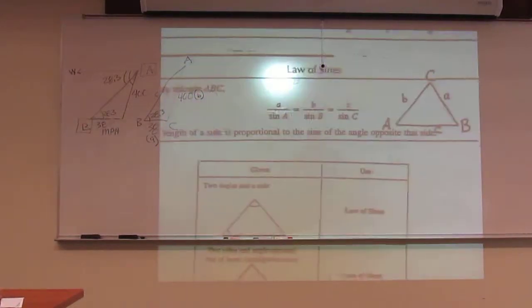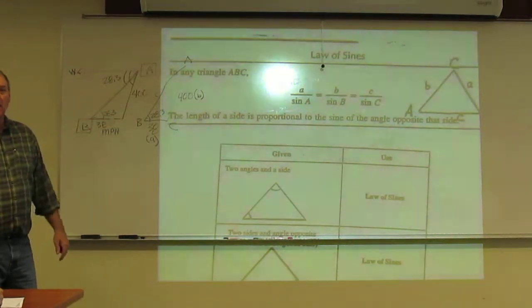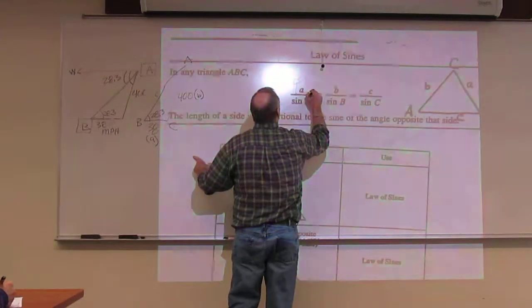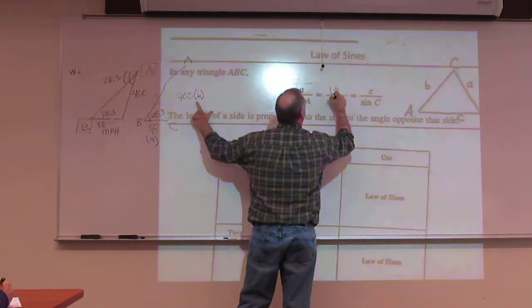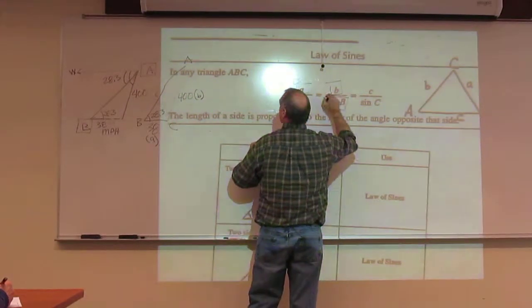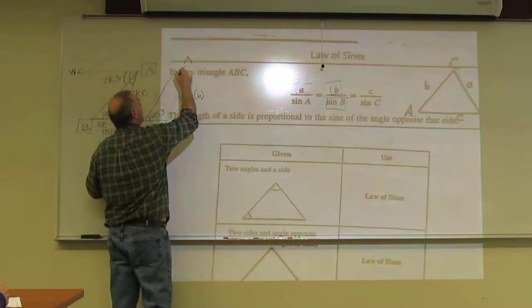Again, until you get a little practice, I would recommend you write out the law of sines, mark off what you know, what you're looking for. So I know A, I know B, I know angle B. What am I looking for?